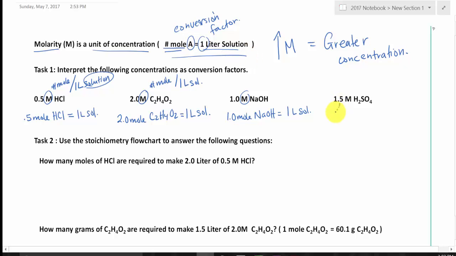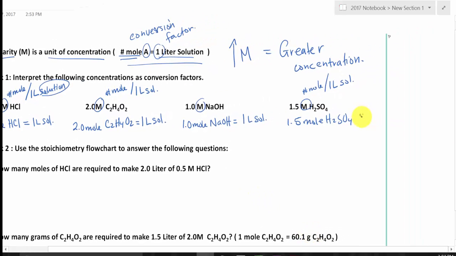And over here we have 1.5 molarity of H2SO4, so we have 1.5 mole of H2SO4 equal to 1 liter of solution. Isn't that easy?